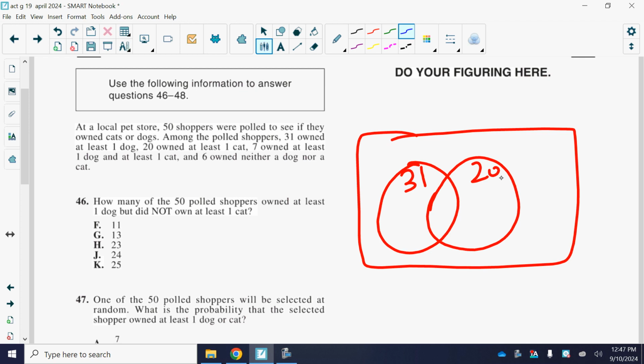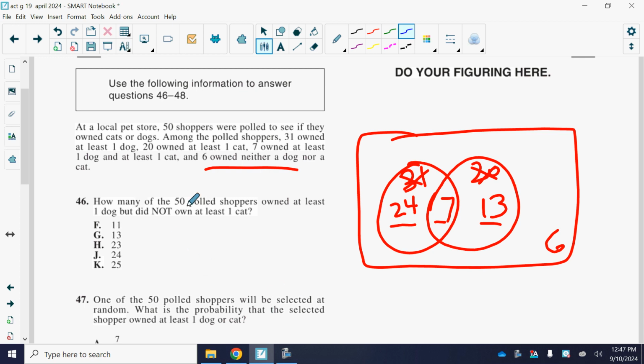So 7 people are in this precious middle, which means you could subtract here. That means 24 have a dog but no cat, and 13 have a cat and no dog. Now that's 44 people, which means 6 own neither, huh? 31, 44, 6 are neither, and they told me that they didn't have to.